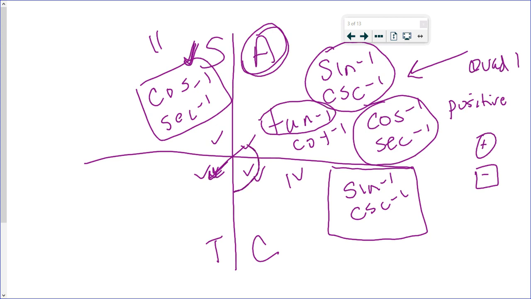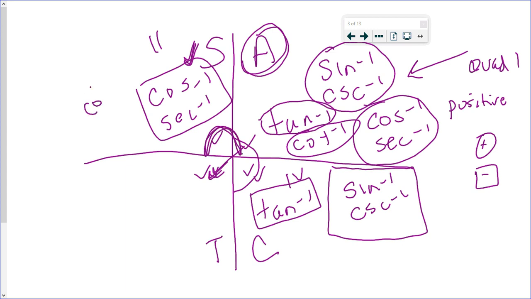Negative pi over 2 to pi over 2 is going to be for where our inverse tangent function is negative. And then cotangent was graphed from 0 to pi, so we're going to stick with that for inverse cotangent. So inverse cotangent is going to be negative in quadrant 2.